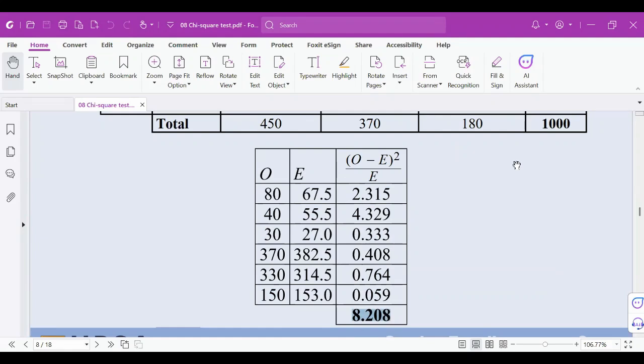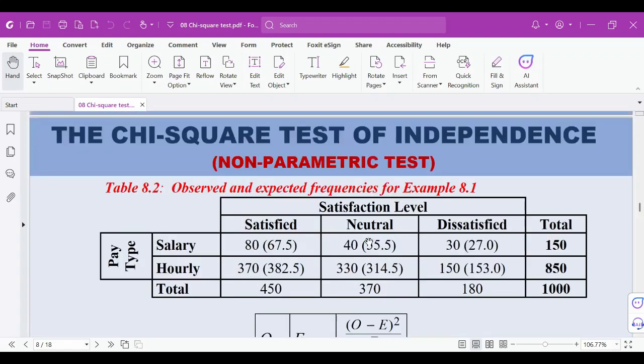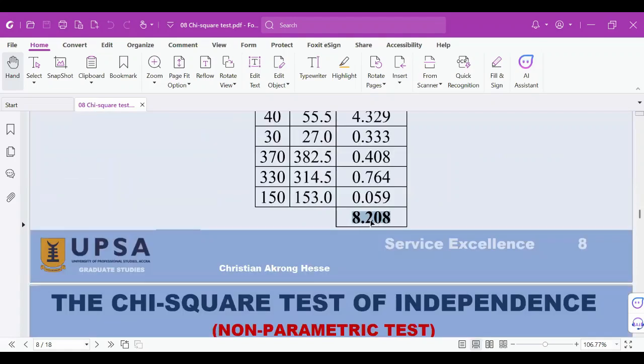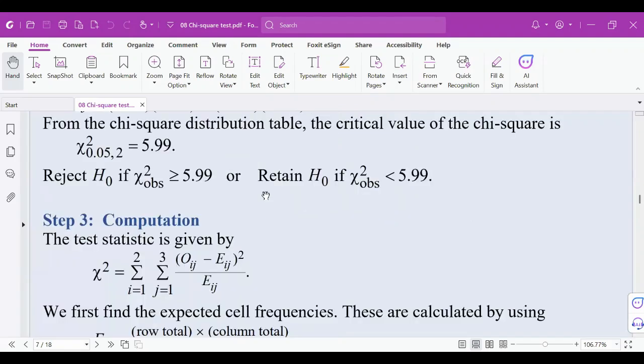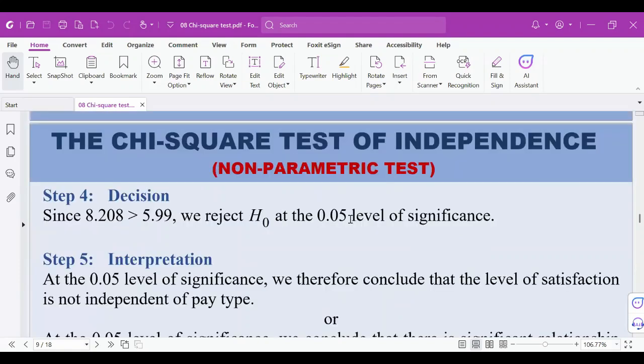So this total is a computed value. And because this computed value is bigger than the critical value, remember the critical value is 5.99, because 8.208 is greater than 5.99, we reject H naught at the 0.05 level of significance.